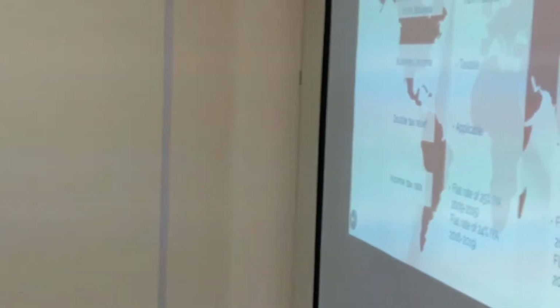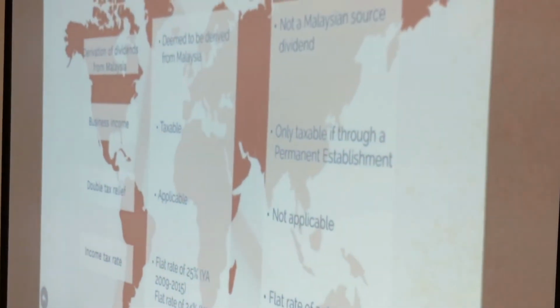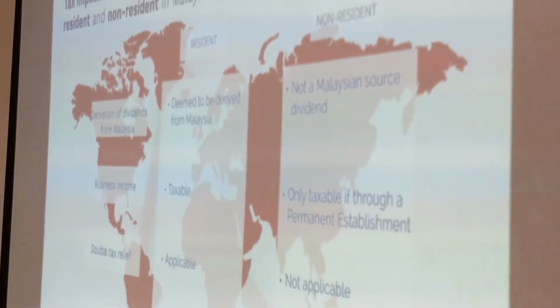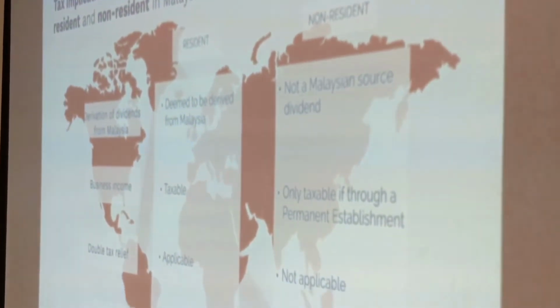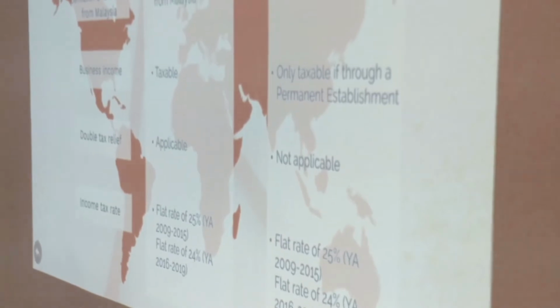For a non-resident company, the business income is only taxable if through a permanent establishment. What does permanent establishment mean in the slide? A permanent establishment is applicable where a double tax agreement between Malaysia and treaty countries exists, or a business presence exists in Malaysia.